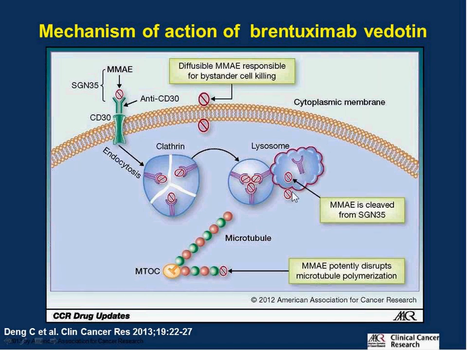So they break it apart from the linker, and then that disrupts microtubule polymerization. So you have the monoclonal antibody, and then it's linked to the MMAE, and the MMAE is the part that is actually toxic to the cell.